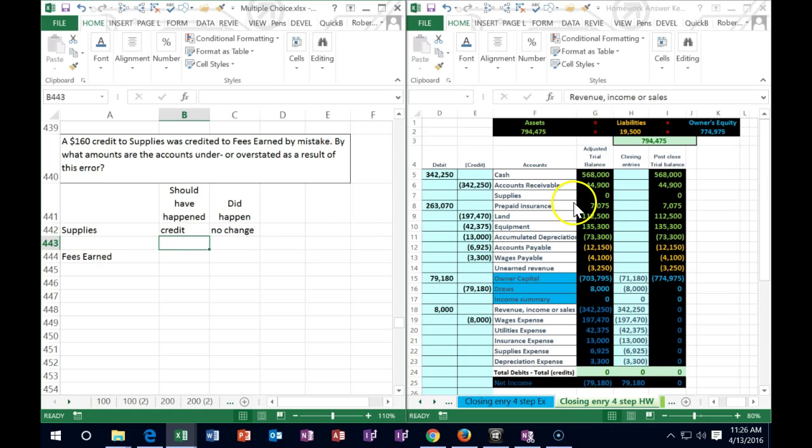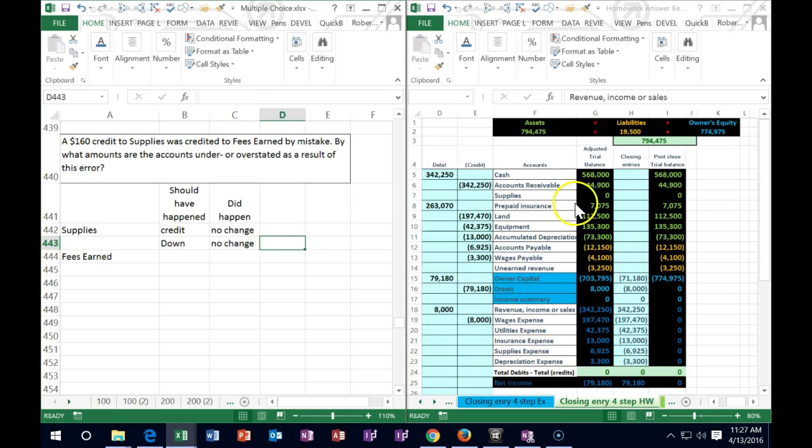Well, supplies, we can see over here, has a debit balance by the fact that it has no brackets around it. And if we credit something that has a debit balance, we're doing the opposite thing to it, and we made it go down. So what should have happened is it should have gone down. It's because the credit should have gone to supplies, and it did not. If we had credited supplies, it would have decreased the supplies. What did happen? No change.